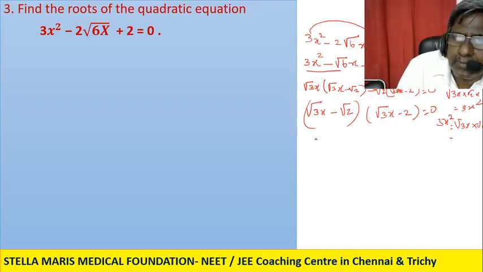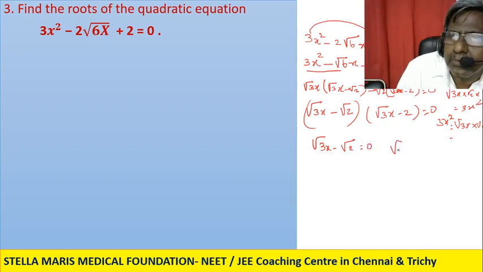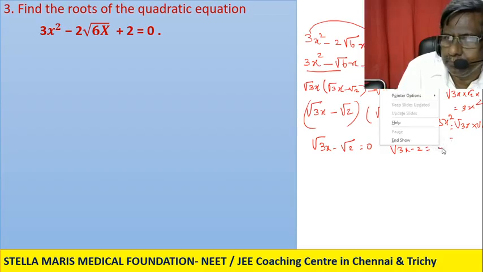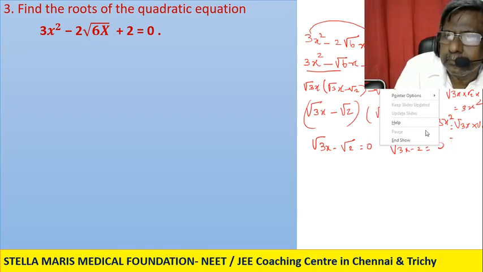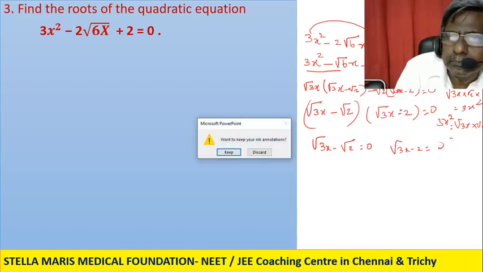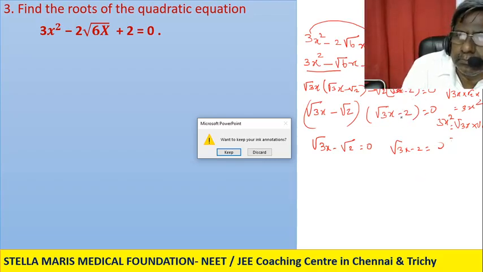So either root 3x minus root 2 is equal to 0, or likewise the other factor is equal to 0.